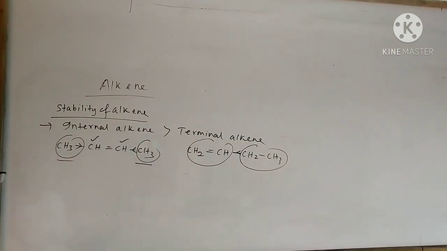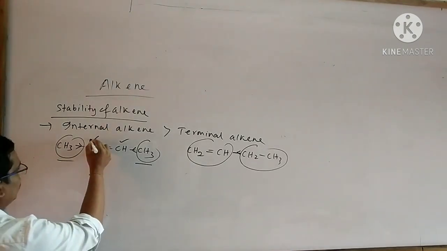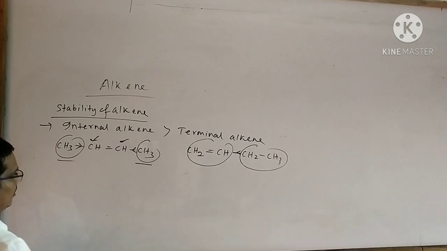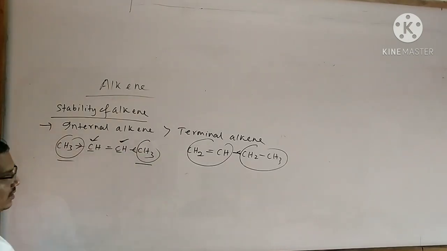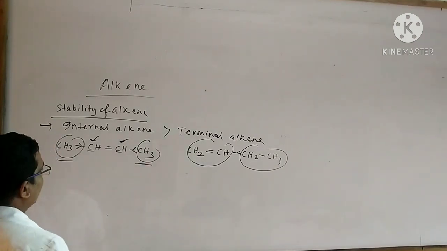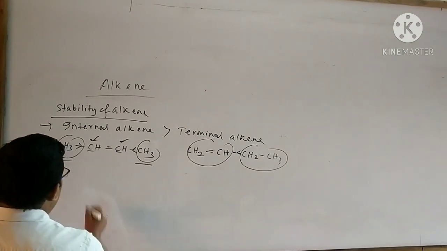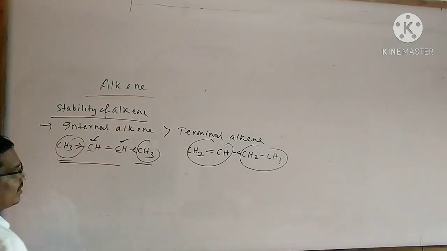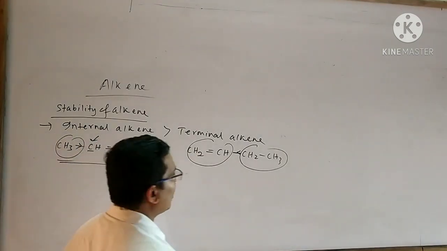As a result, from two sides the electrons are released towards these two carbon atoms. As a result, the electron density on these two carbon atoms increases. More is the electron density, more is the overlapping. As a result, stronger will be the bond. So here internal alkene is more stable as compared to the terminal alkene.